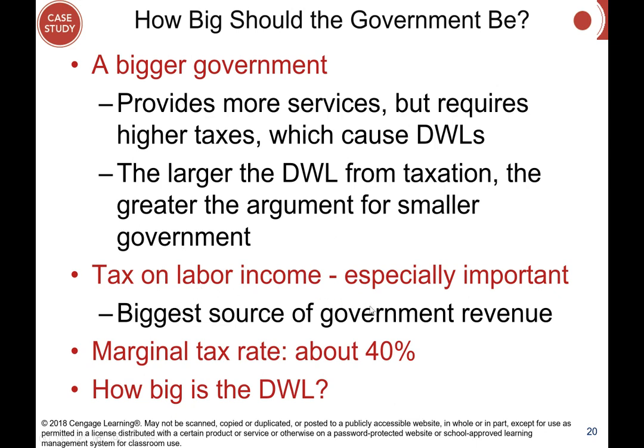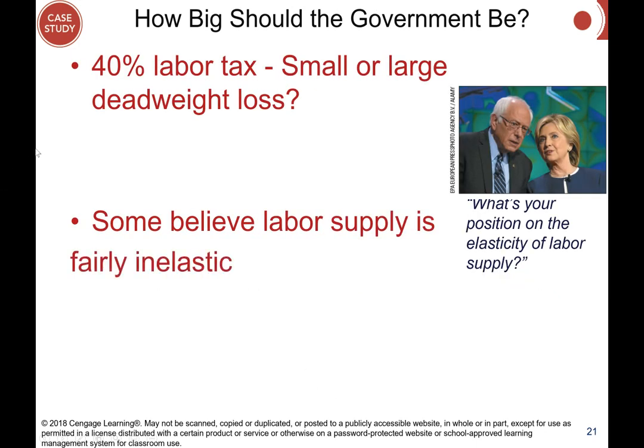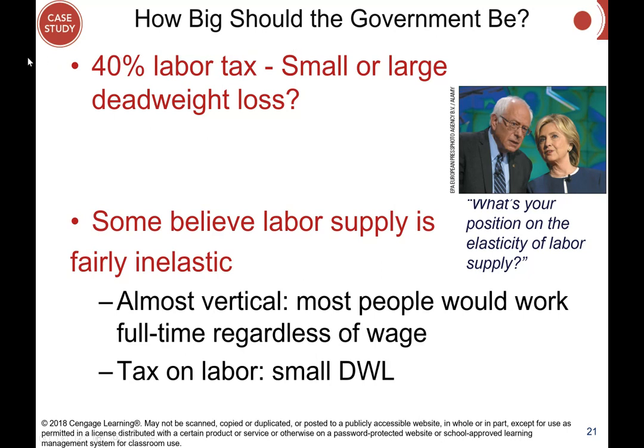Tax on labor income is especially important, as the biggest source of government revenue is income tax. So if the marginal tax rate is about 40%, how big is the deadweight loss? How big should the government be? Is a 40% labor tax a small or a large deadweight loss?